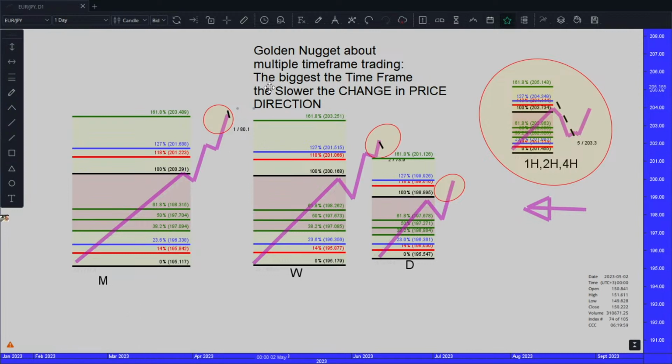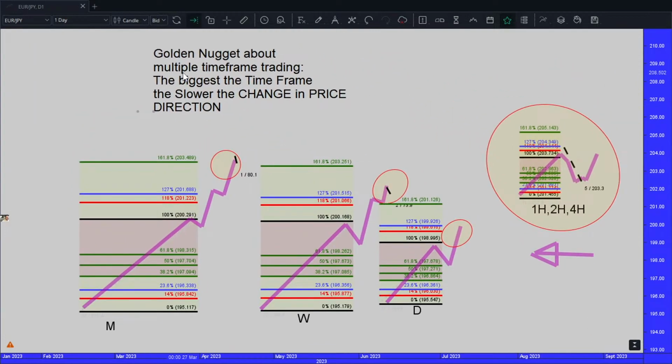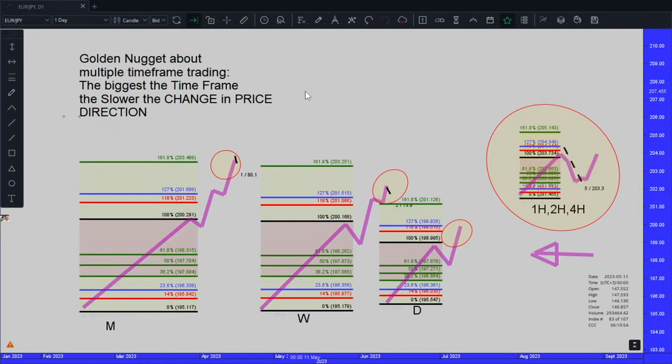Take a screenshot, everybody, with your cell phone, PC, laptop, whatever. Dimitar says higher time frame moving lower time frame. Sure, absolutely yes.